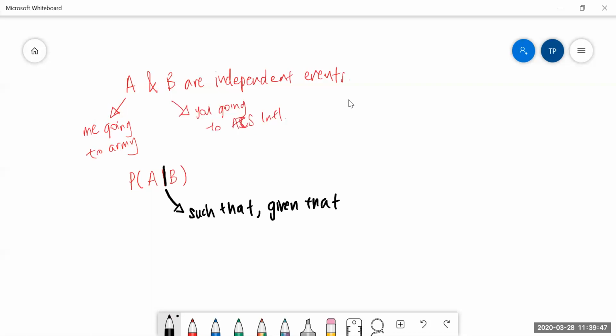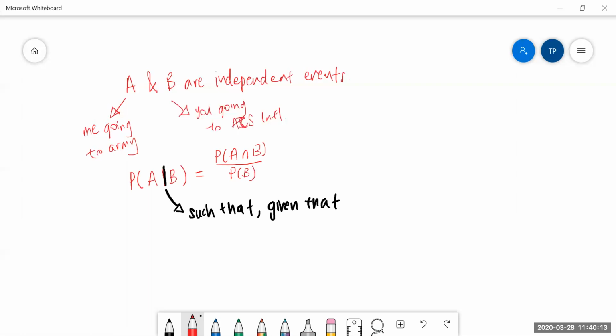The probability of A given that B has happened. When they are not independent, the formula looks like this: probability of A intersect B over probability of B.